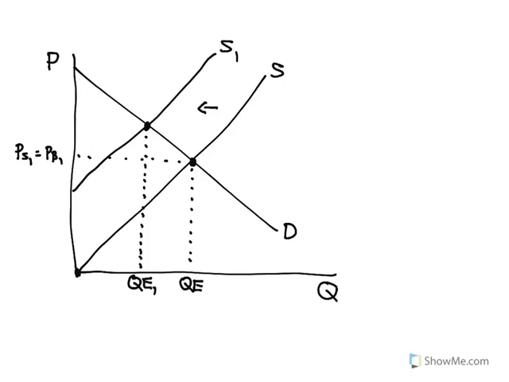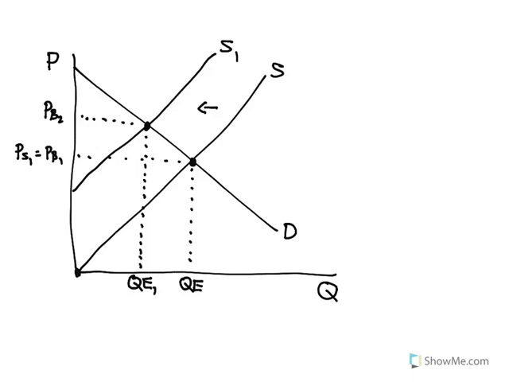Now, at this intersection point, we have PB2. And you're going to notice here, it is not equal to PS2. So the price the buyer is now paying has increased because they have to pay some of that money in terms of the tax, right? So when you go to the store and you buy something, you have to pay a tax, right?